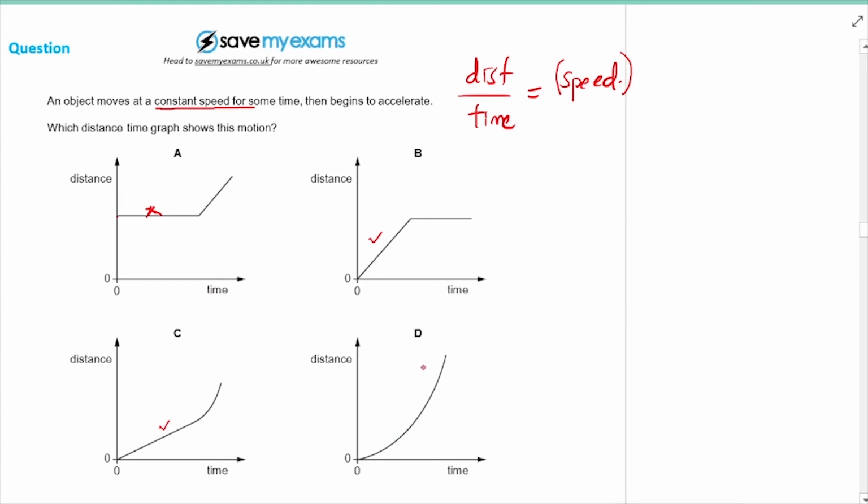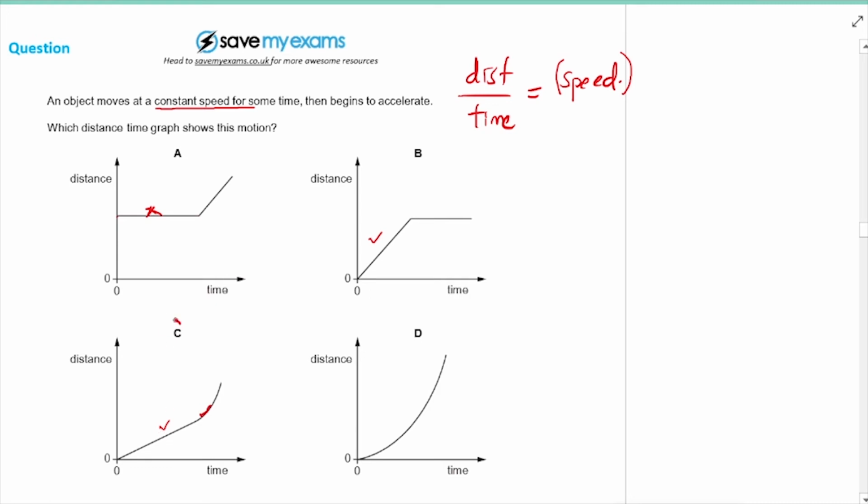This is not constant speed. So it's either B or C. However, they're saying that an object moves at constant speed for some time, then begins to accelerate. So here it moves at constant speed, then after moving at constant speed, the speed starts increasing at an exponential rate.